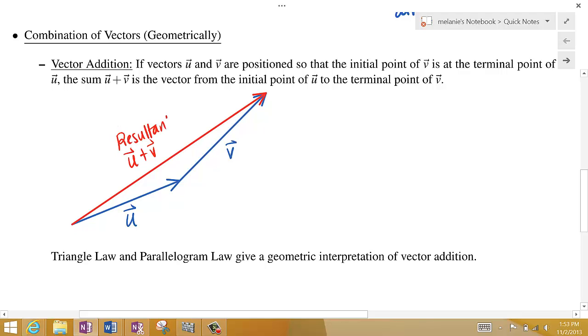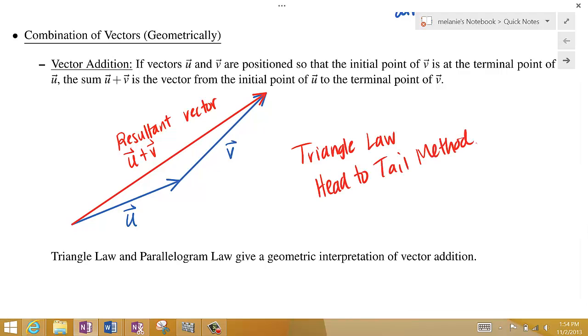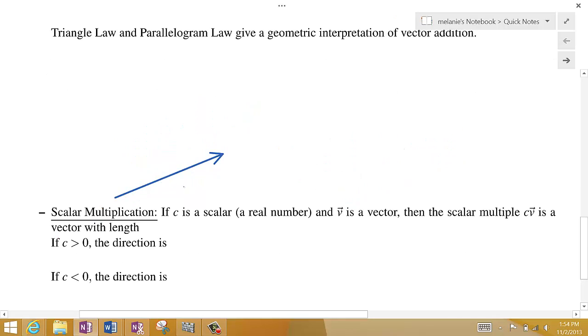You may also see the word resultant. You may refer to this as the triangle law. It may also be called the head-to-tail method. I may also use something called the parallelogram law to show you how to add vectors. So let's suppose this is vector u, and maybe I have vector v. There's vector v right here.